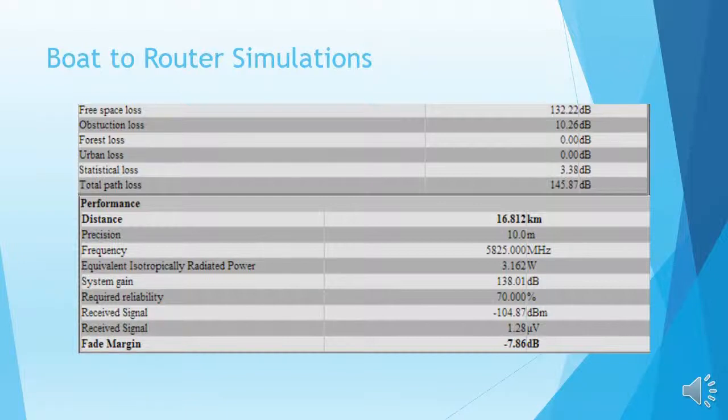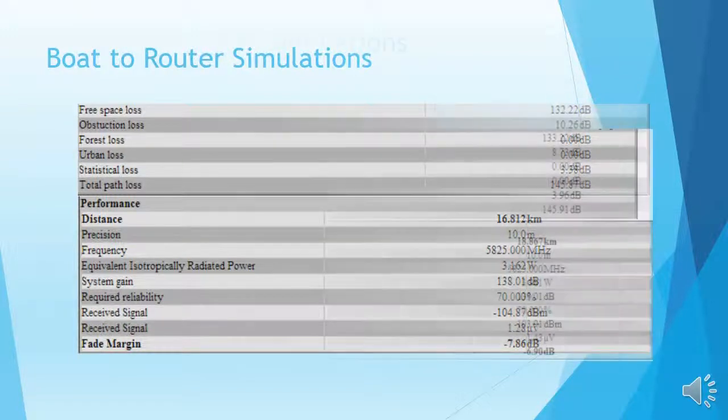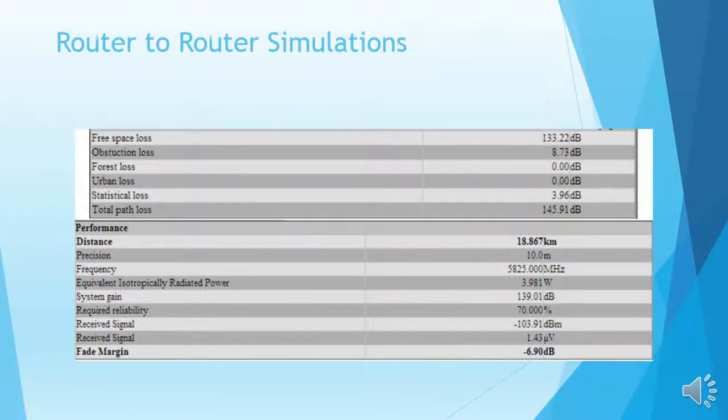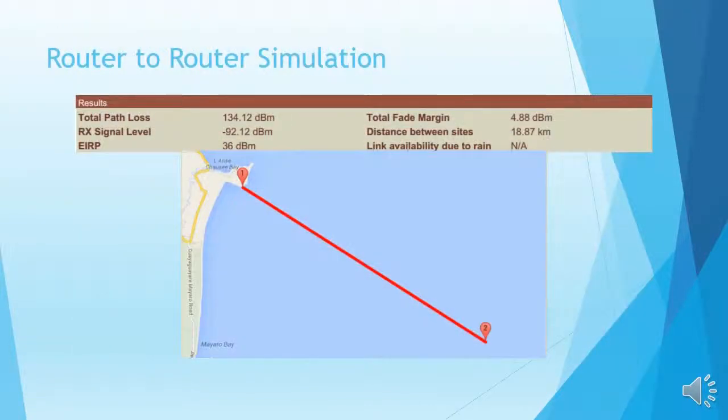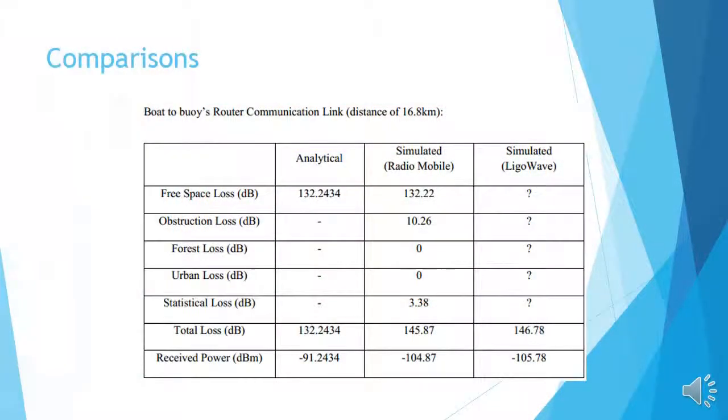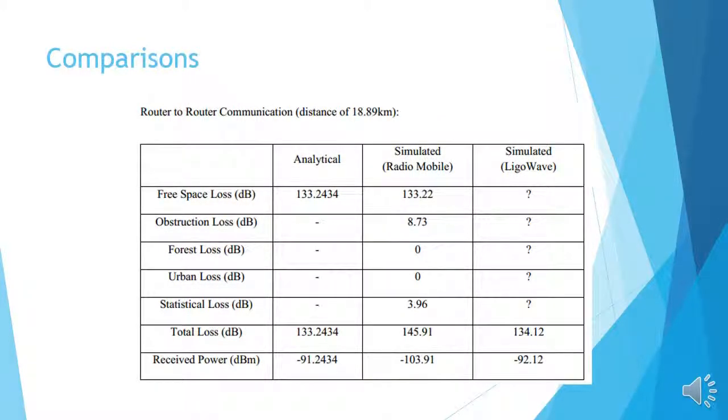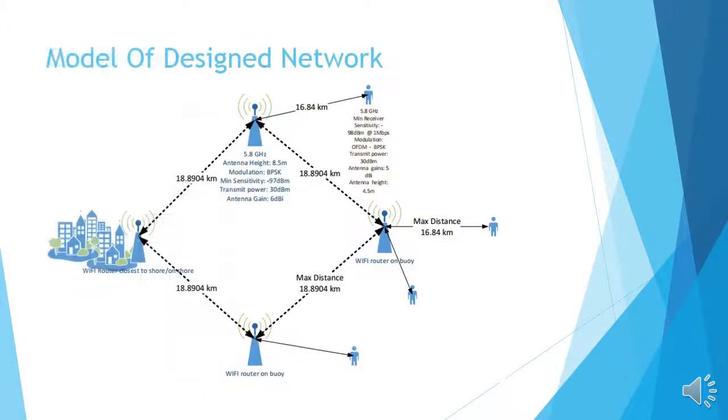This pushed our negative 91.23 beyond the negative 97 dBm limit, signifying our link would fail. By playing around with the simulations, it was found that a length of 11.52 kilometers from boat to router would have produced a link whose received power was at the negative 97 dBm sensitivity. This would be our final design of the network.